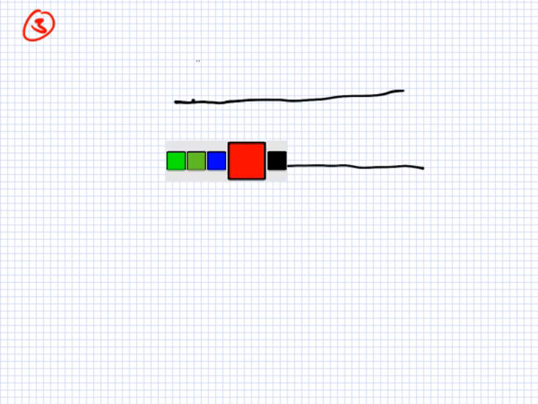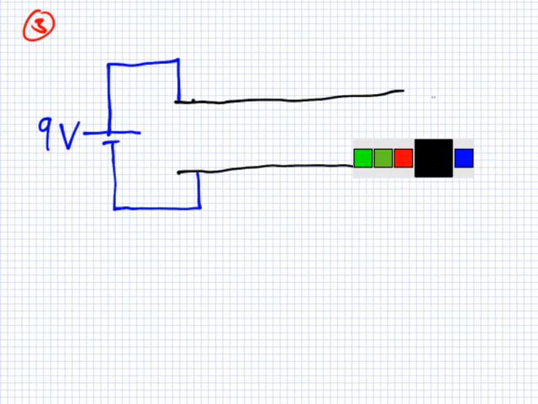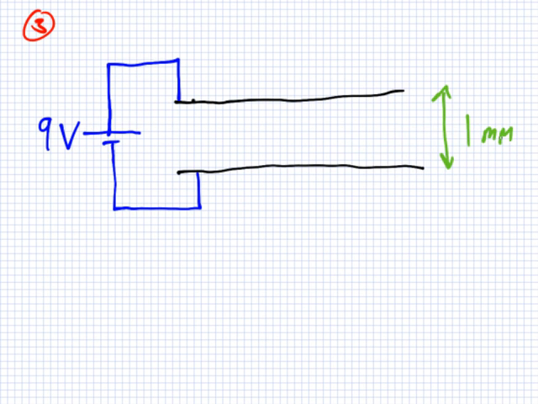So what you have here is plate, plate, 9-volt battery, and the distance of 1 millimeter. And in fact, it doesn't matter which one you say is the positive and which is the negative, because the proton is exactly in the middle anyways.